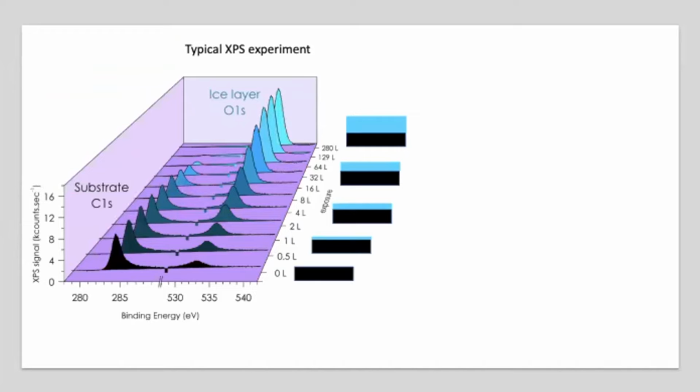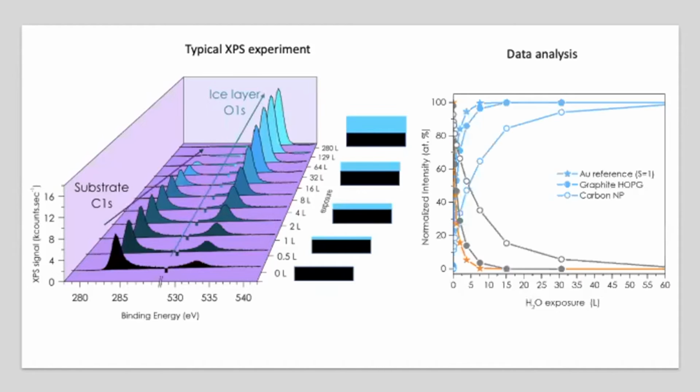I forgot to say that we keep those substrates at low temperature under ultra-high vacuum, and we expose them to a controlled flux of water or CO2. So the ice grows on top of the surface, and this fingerprint of the ice layer grows together.